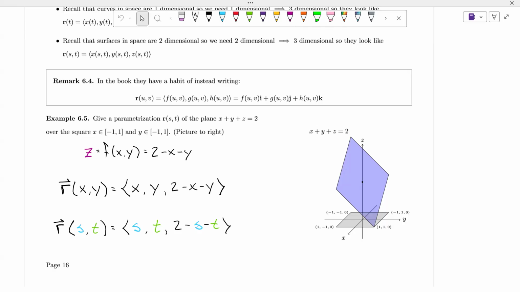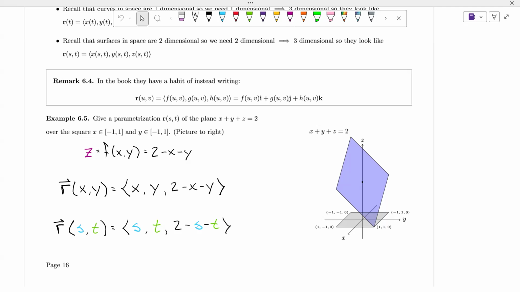So our sort of dream, or one of our hopes and dreams when it comes to parameterizing a surface, is that I can just replace two of my variables with s and t and just hope that something nice shakes out. It'll be the case some of the time. But in other cases, it won't be that nice. But we have a lot of standard types of parameterizations that we go to.